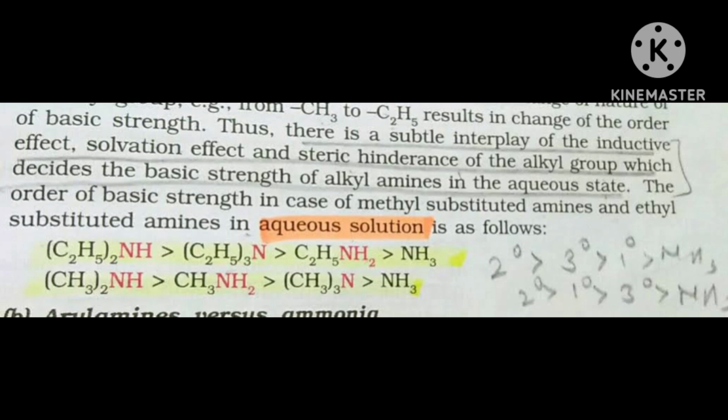That's why (C2H5)2NH is more basic than (C2H5)3N, and this is more basic than when only one ethyl group is attached with nitrogen. Okay, this (C2H5)3N is more basic than C2H5NH2, and this is more basic than NH3, correct?